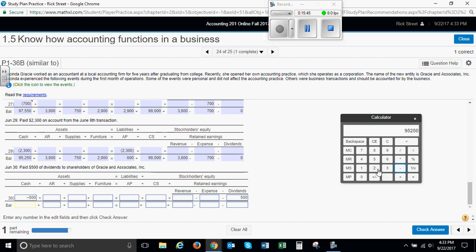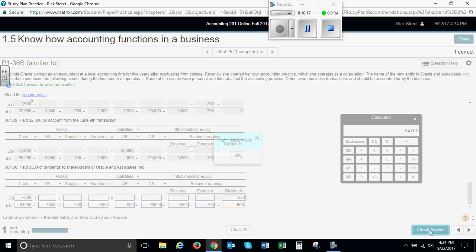So let's go minus 500. 94,750. And AR 3,800, so we haven't collected that 3,800. And we're off and running. We got 600 in liabilities here. 99,000 common stock, 3,800 in revenue, 700 in expenses, 500 in dividends.